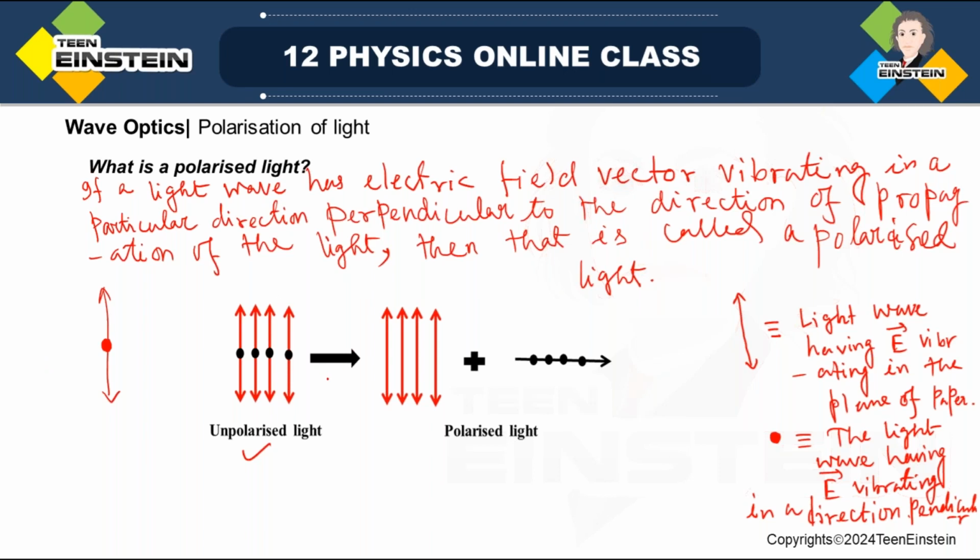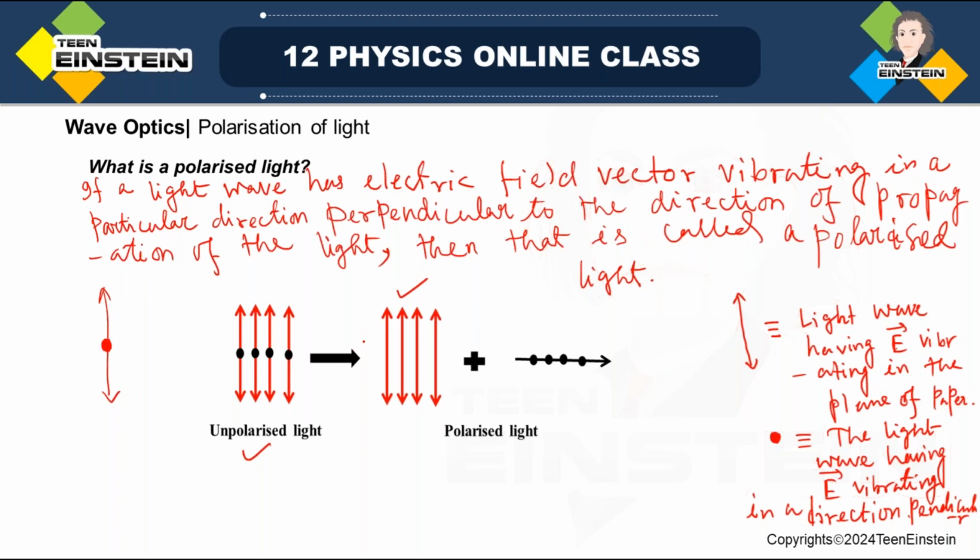And if I split this unpolarized light, it can be partially polarized light or completely polarized light. For a completely polarized light, the light waves having electric field vector oscillating in plane will be separated from the light waves which have electric field vector oscillating in the plane perpendicular to the paper.